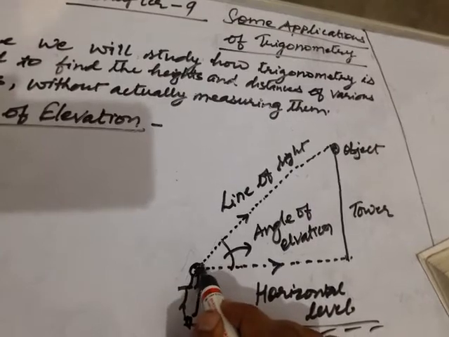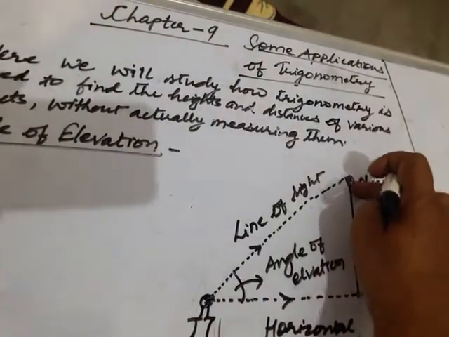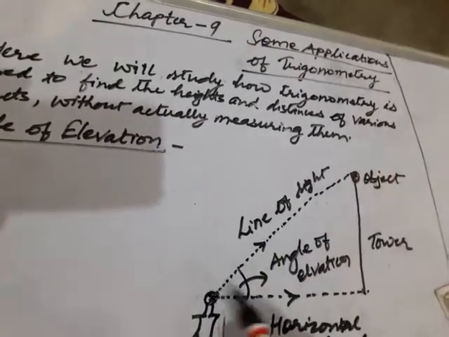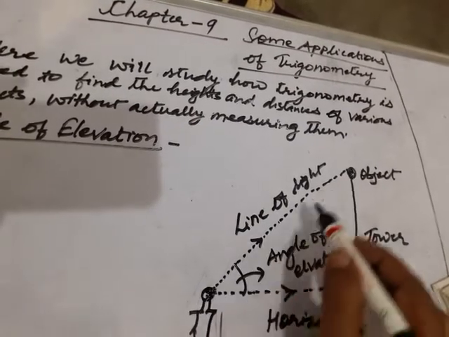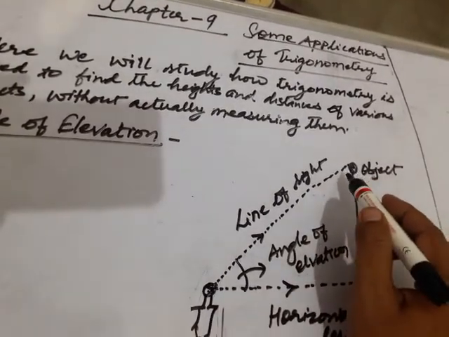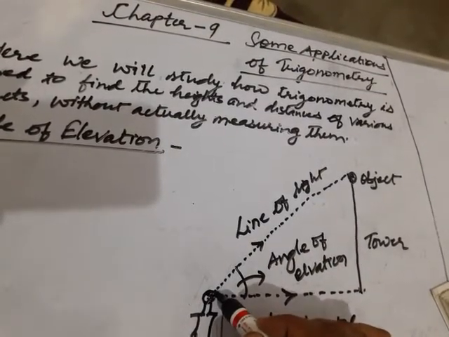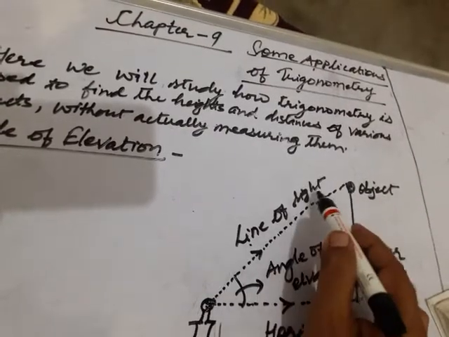When the observer observes the object that is kept on the top of the tower, then at the same time two rays emerge from the eye of the observer. The ray that goes to the object is called the line of sight.